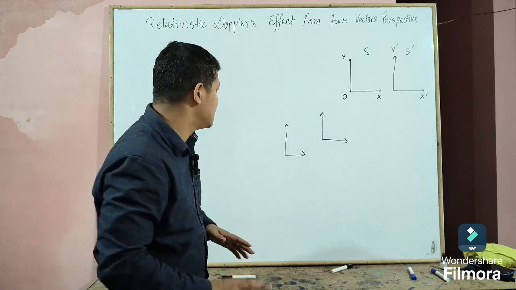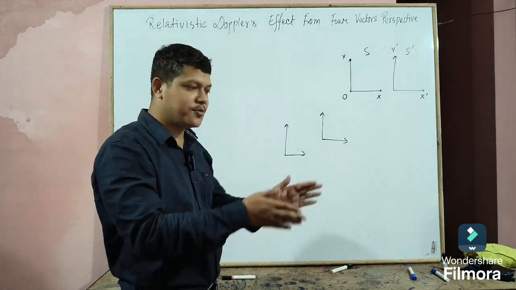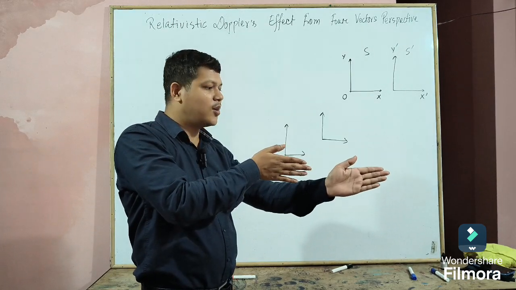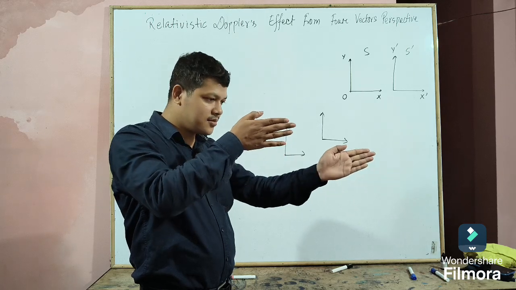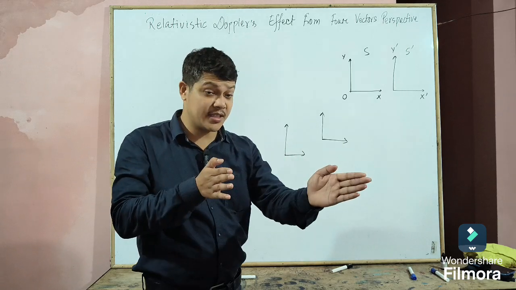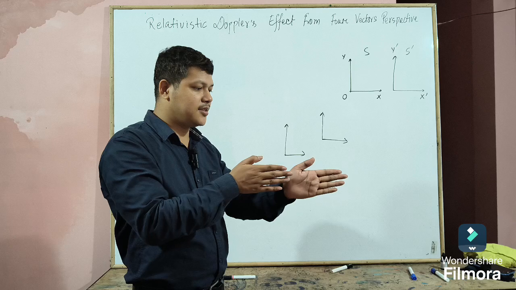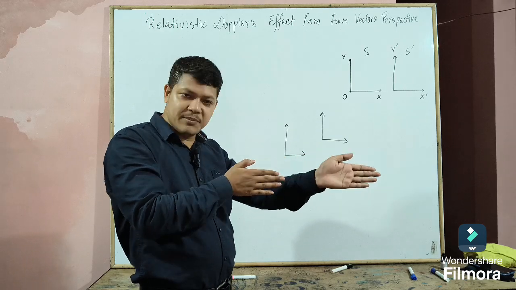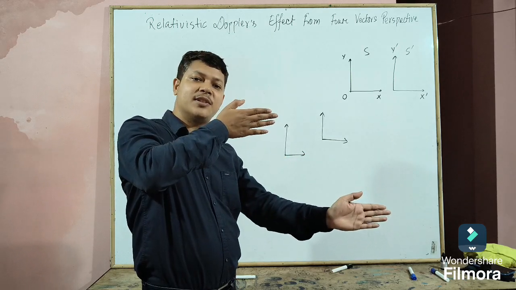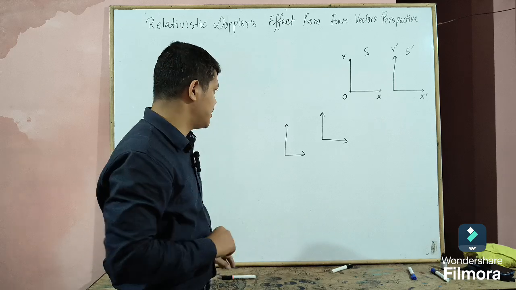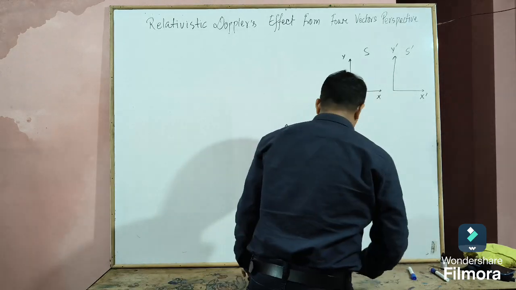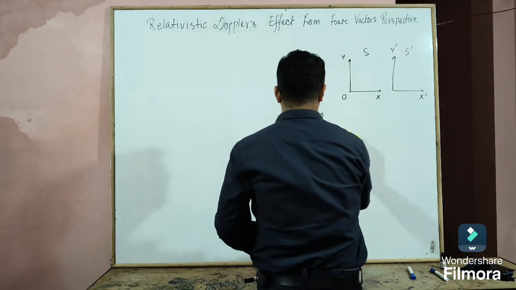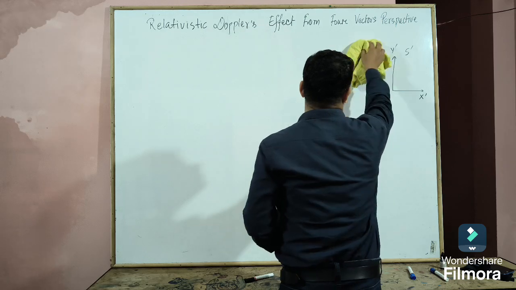So these two may be on the same plane, or in two different parallel planes as well, and they may be at the same level or at different levels as well. Hope you have understood. So let me draw it this way.